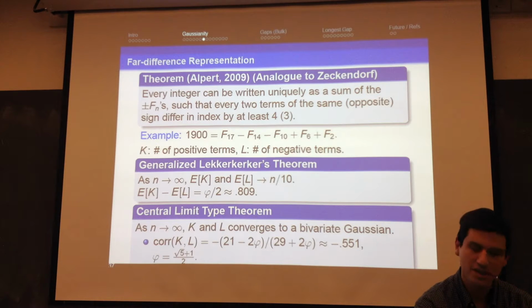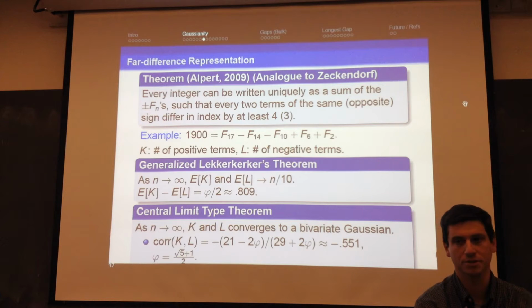Are you surprised that we have fewer total summands than we do in the Fibonacci case? Why is it not surprising? It's not just the case where we could say, well, let's only use positive summands, because now we have to differ in index by at least 4 if we always use positive summands.